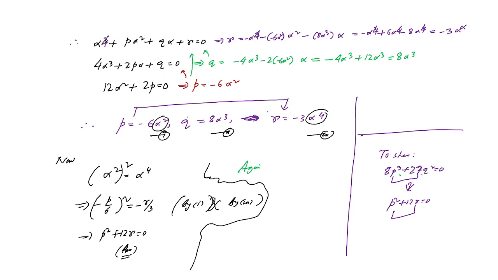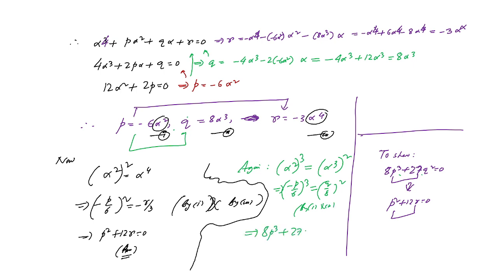In the first two we have alpha square and alpha cube, and these are not equal in power, so you put cube on alpha square, giving p by 6 whole cube, and square on alpha cube, giving q by 8 whole square. So this is from 1 and 2. What we get is 8p cube plus 27q square equals 0. So this is the other answer.